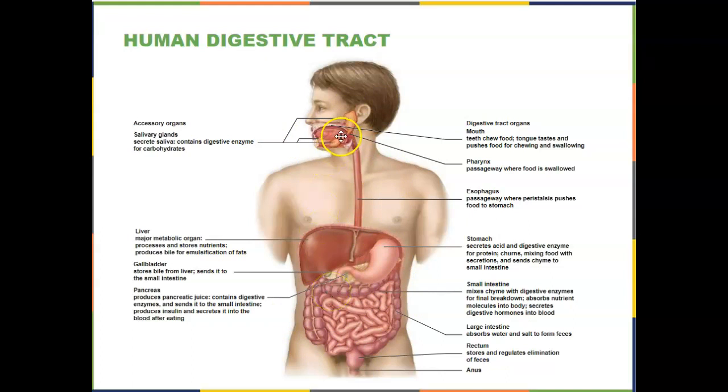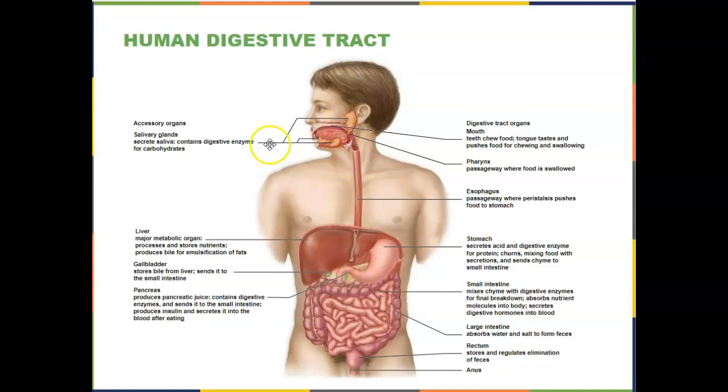You need to know the organ itself, what its functions are, a couple of structural details that are relevant to the digestive process, and the enzymatic chemicals that are used by that animal or by that digestive organ. And at the end of the unit, we'll also look a little bit at a hormonal regulation of this process. So just to kind of look at it from an overview here, and this is your digestive system.